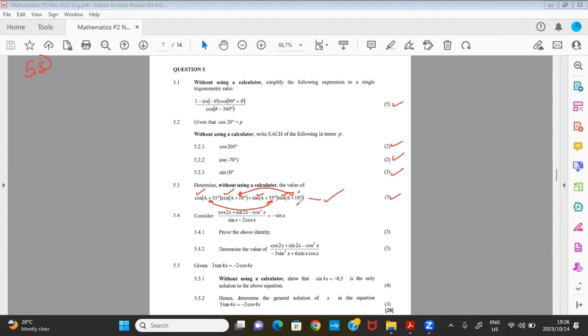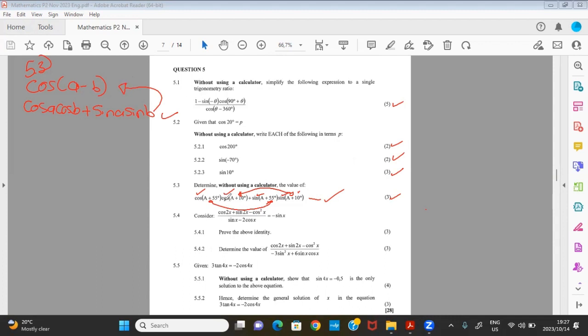So what I can do now is simplify it. I know this comes from the compound angle cos(A minus B), because I will have cos A cos B plus sin A sin B. I'm going to take it back to the first part.